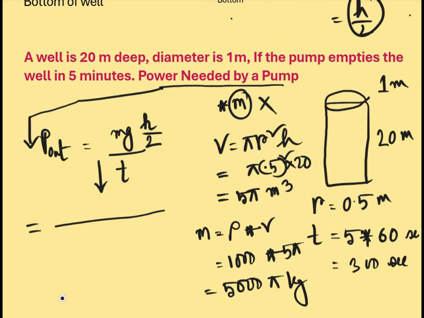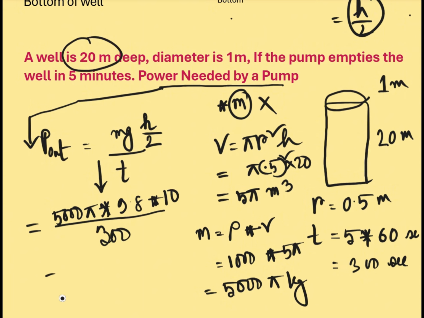So m we have got right now, so let's plug into the equation. So the value of m is 5000 pi, then g is nothing but 9.8 meter per second square, and h is 20 meter, so 20 by 2 is 10, and time is 300.